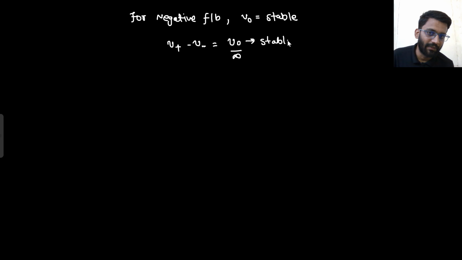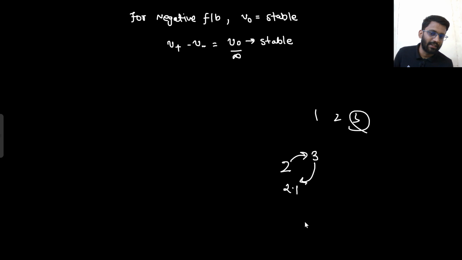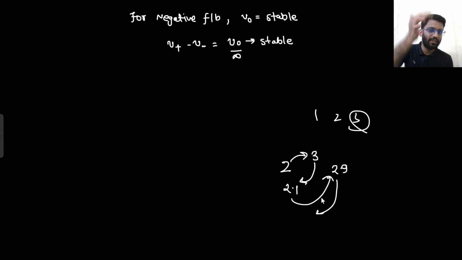It will be somewhere between 1 to 3. If you increase V naught from 2 to 3, then it will again come down, let's say to 2.1. Then again it will increase to 2.9, then come down again. So there will be a fixed value. 2 by infinity is 0, 2.1 by infinity is 0, so it is always equal to 0.